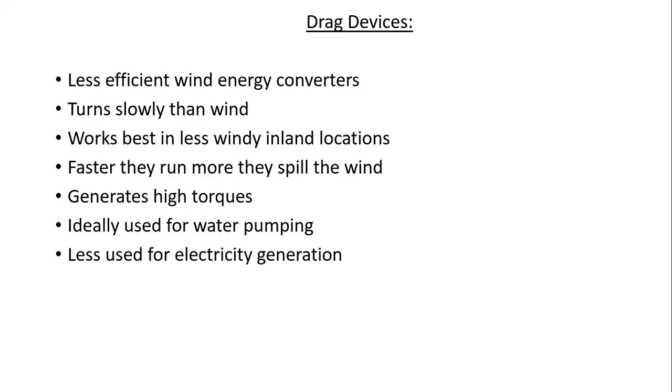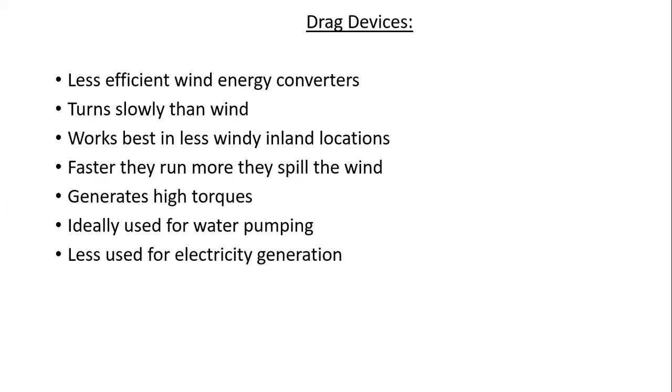These drag devices are less efficient wind energy converters, and they always turn more slowly than the wind. They work best in less windy inland locations only. If there is only less wind, these are used.